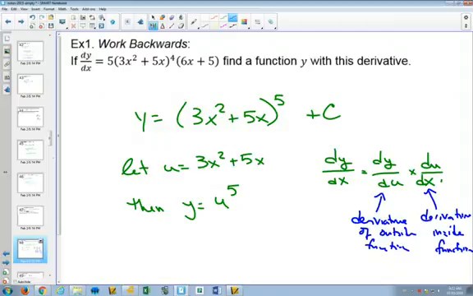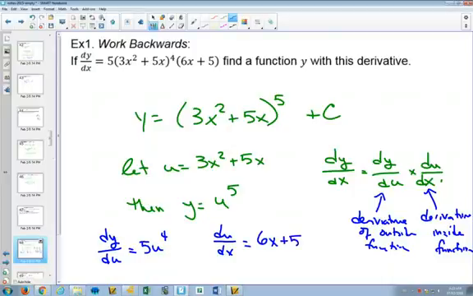So what that would mean is whenever we recognize the inside function for doing the derivative, we'd say u is equal to that. Then we would rewrite y as a function of u. When we've done this, finding dy/du is looking at your function with y and u, and it's just 5u to the 4. And finding du/dx, well, we've got u as a function of x right here. The derivative of that is 6x plus 5.